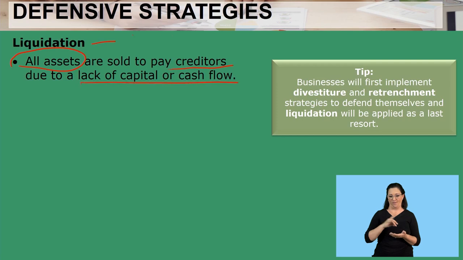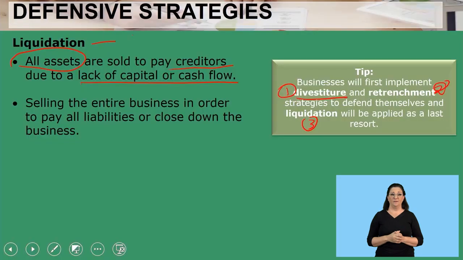Here's a tip. The business will first implement divestiture, that is the first one, and then retrenchment strategies to defend themselves, and the last resort will be liquidation, because we've exhausted all the other strategies. Even in defensive strategy, after we've resorted to the first two, we can now liquidate.